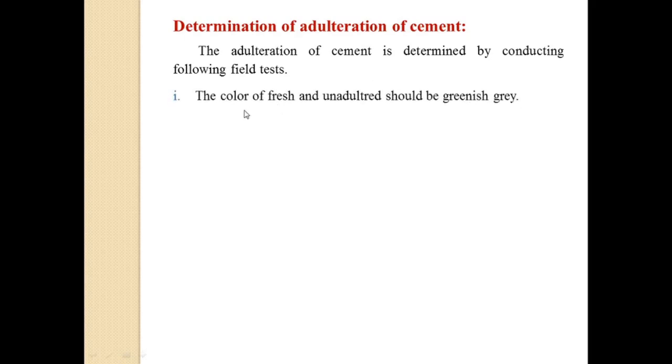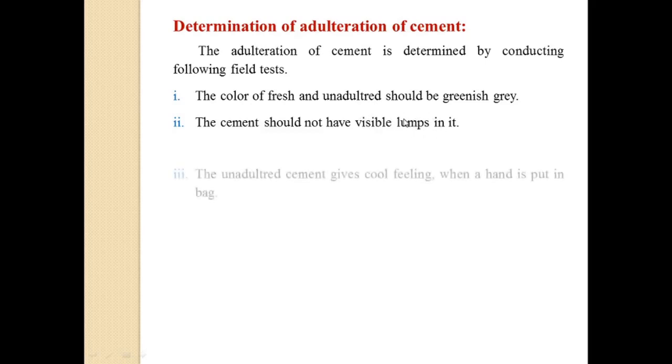So first, the color of cement should be greenish gray. If it is greenish gray, then we can call it unadulterated cement. Okay. Next, the cement should not have any visible lumps in it. If there are visible lumps, we can say adulteration may be done in this cement. Okay.